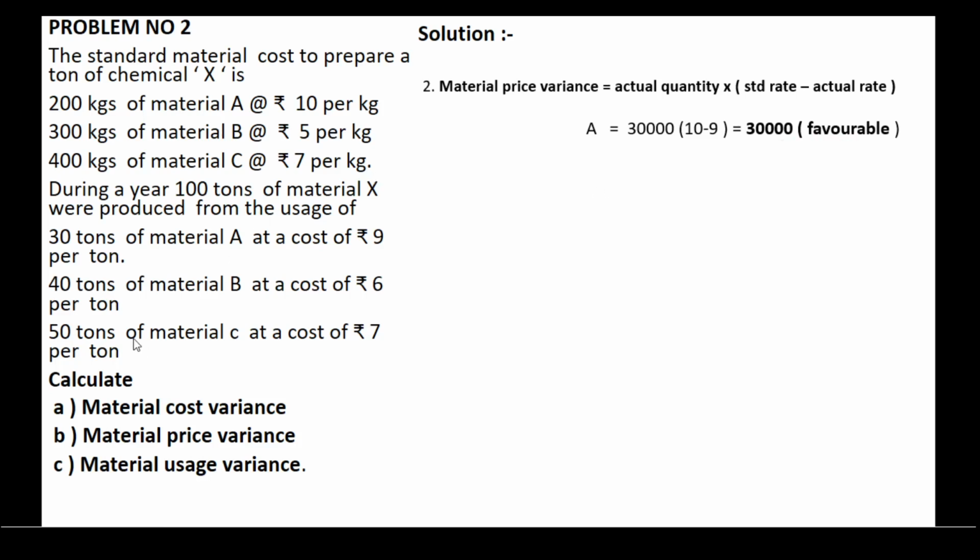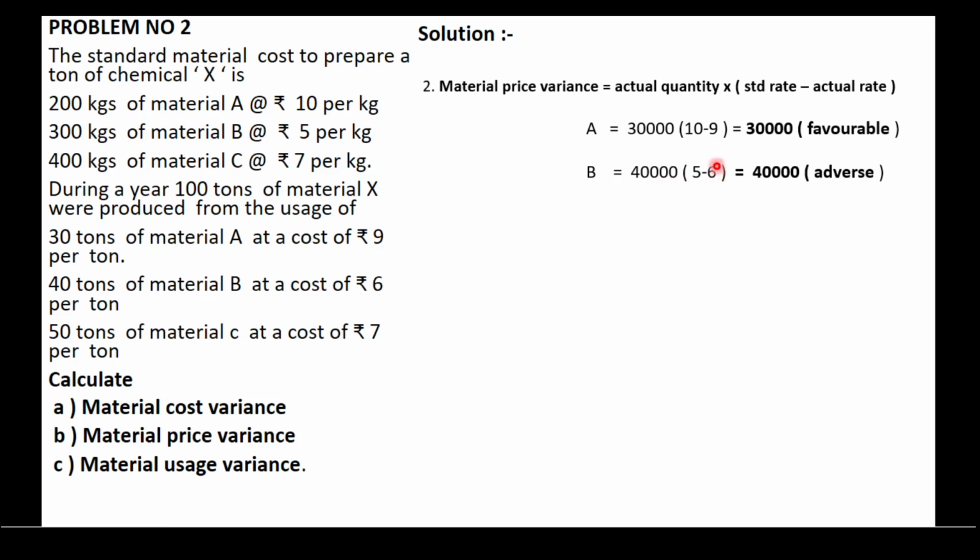And next for the material B, here the actual quantity is 40 into 1000, that is 40,000 kgs, and the standard rate is rupees 5 and the actual rate is rupees 6. So now B is equal to 40,000 into standard rate 5 minus actual rate 6.